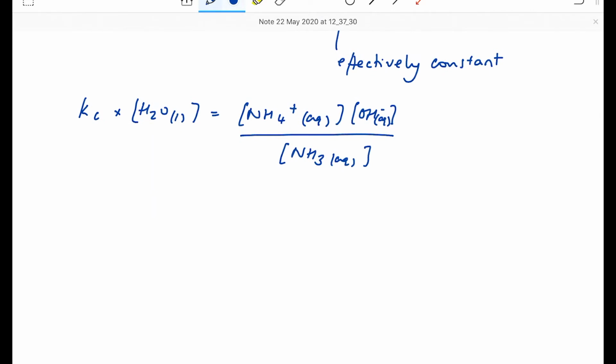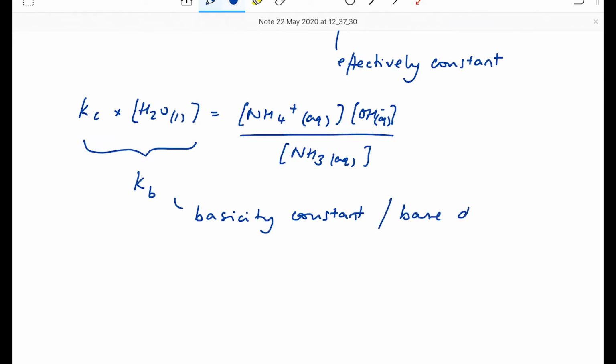If you've been following through this series of tutorials in order, you will know that where I have one constant multiplied by another constant, I get to make up a third. And we're going to call this Kb, which is called the basicity constant, or the base dissociation constant.